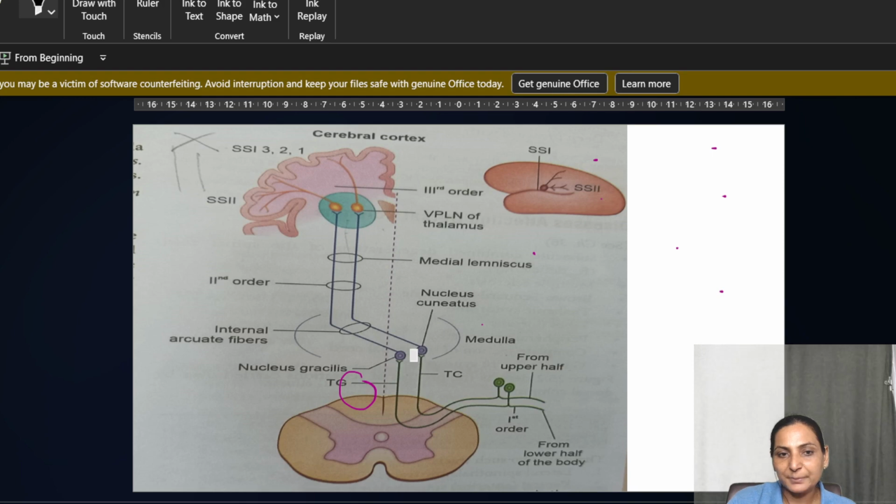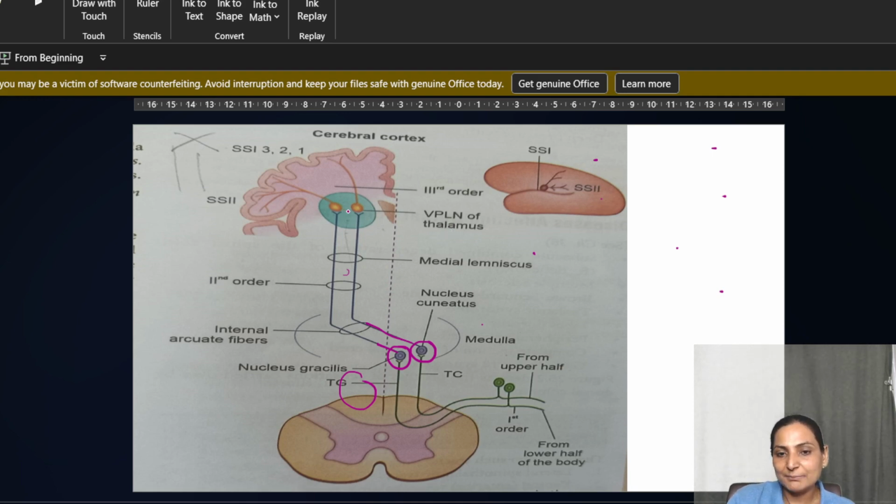They ascend up and have the first relay station in the nucleus gracilis and nucleus cuneatus, after which they cross. These are the internal arcuate fibers going all the way upwards, forming the medial lemniscus, the second order neurons, and then ending in the ventral posterolateral nucleus of the thalamus, or the ventrobasal complex.